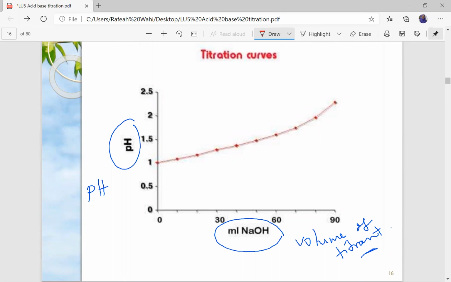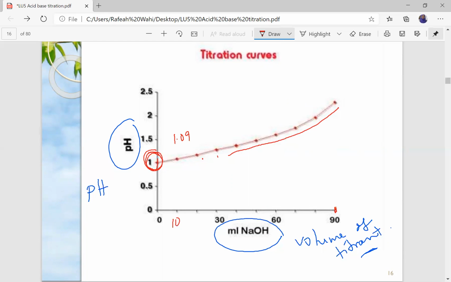You see here the initial pH is pH 1, and after you add 10 ml, you have pH 1.09, and it gradually increases until 90 ml.